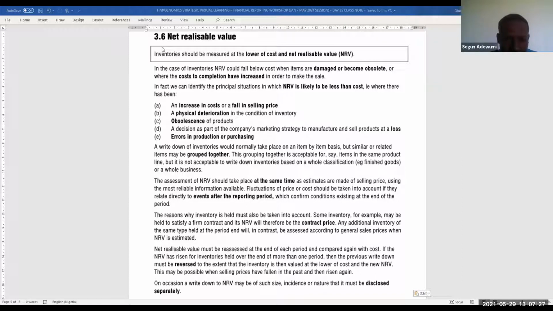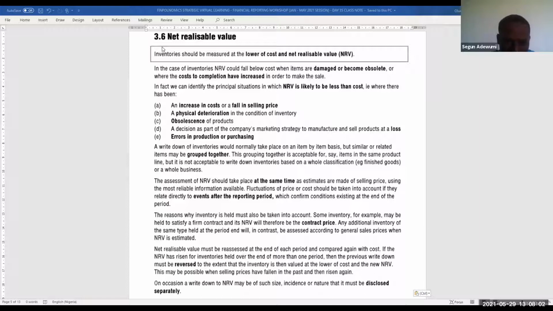In fact, we can identify the principal situations in which NRV is likely to be less than cost. A, an increase in cost or a fall in selling price. B, a physical deterioration in the condition of inventory. C, obsolescence of products. D, a decision as part of the company's marketing strategy to manufacture and sell products at a loss. E, errors in production or purchasing.